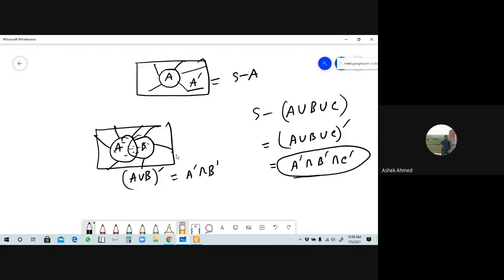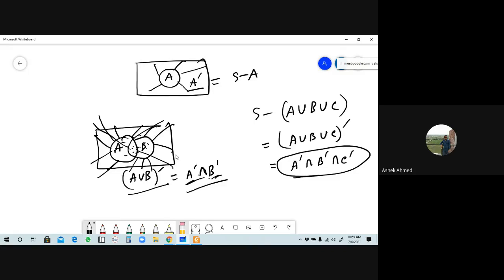Okay. But here tell me, what do you mean by A complement? This will be the outside of A. Is it right? Yes, sir. And here B complement will be the outside of B. Now since intersection is given here, if you take the common element of A complement and B complement, then you will get this region, and this region will be the same here.